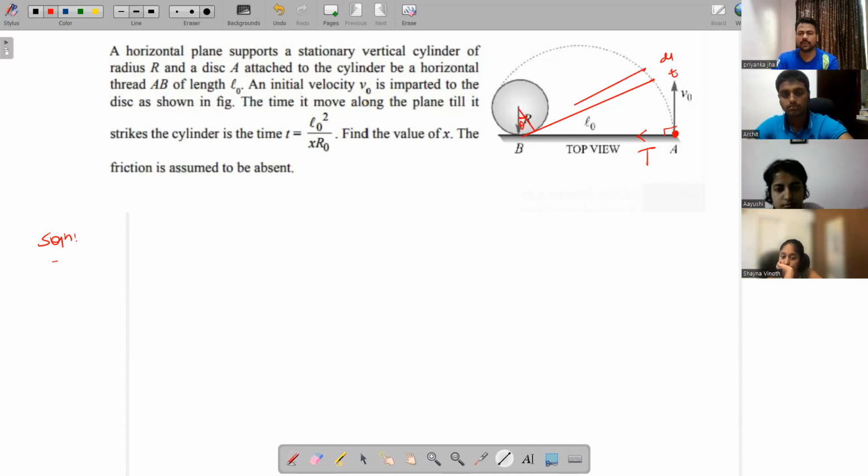So now the rope will become like this in dt time, and this angle will become d theta. Or you can say that this angle is theta, and this small angle is d theta.